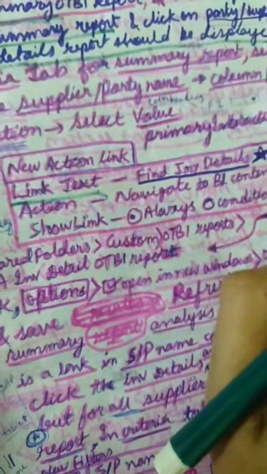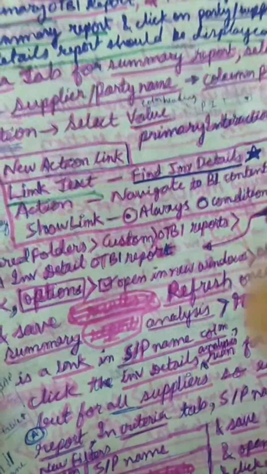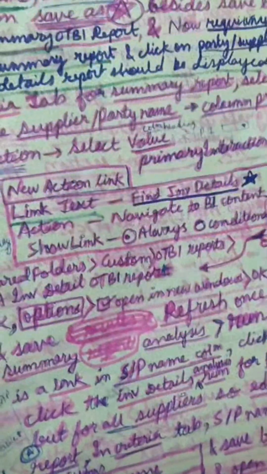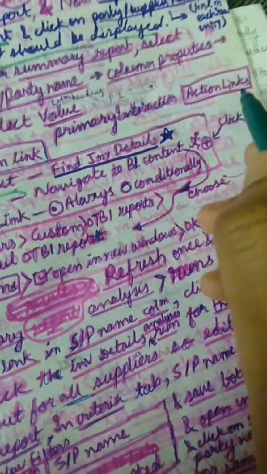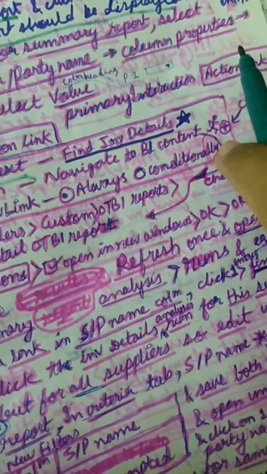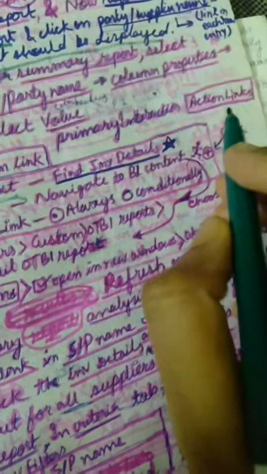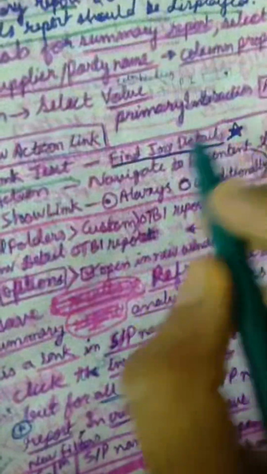You have to give a name that should appear for the user to take an action. So you break it down into 2 things. First and foremost, as soon as I hover on a link, it should have a name. That's why you have a link text, which is basically whatever you can write. I have written it as find invoice details.